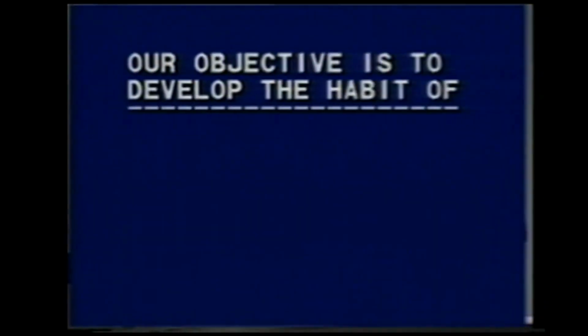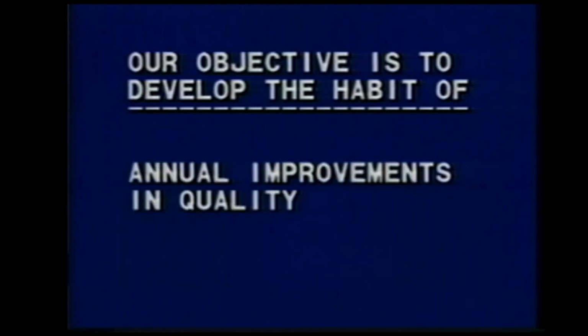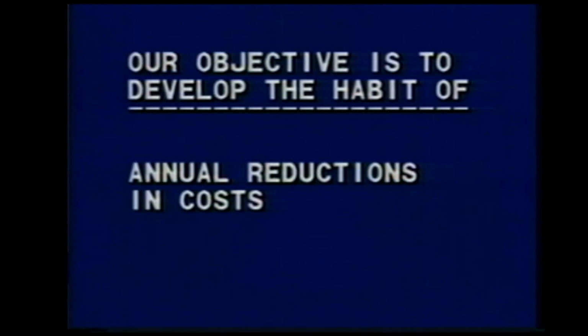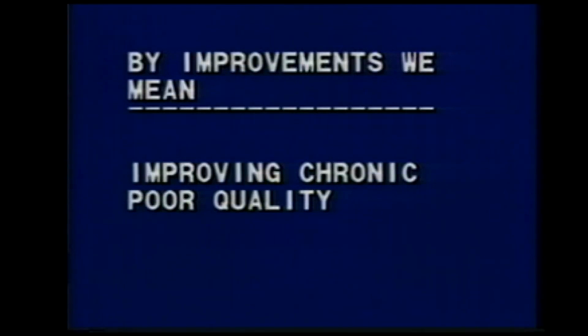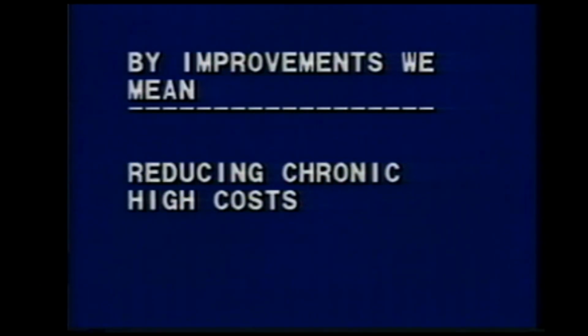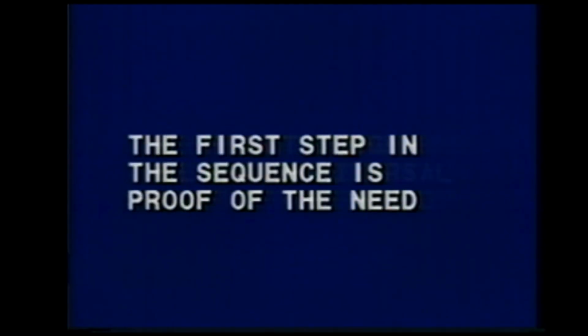Our objective is to develop the habit of annual improvements in quality and annual reductions in quality-related costs. By improvement, we mean improving chronic poor quality and reducing chronic high costs. Breakthrough is the organized creation of beneficial change. All breakthrough follows a universal sequence of events.